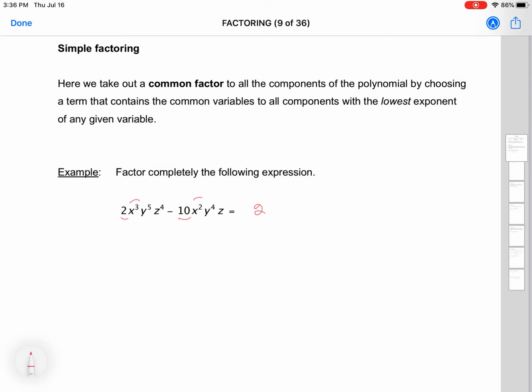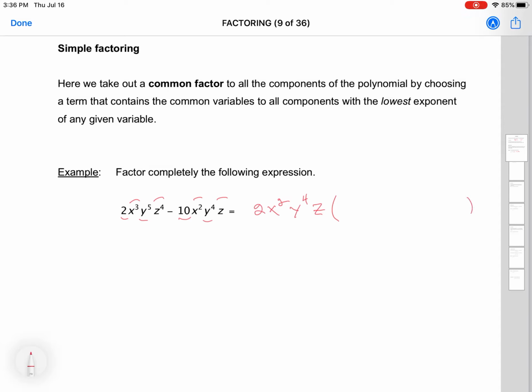I have x cubed and x squared. I will take the one with the smallest exponent, that is x squared. Between y to the 5 and y to the 4, the smallest exponent is y to the 4. And z to the 4 and z, I can take out z to the 1.